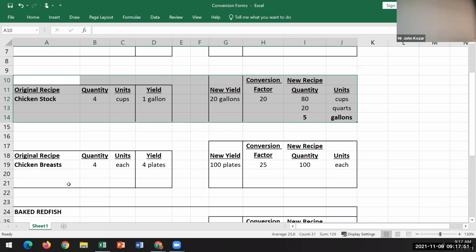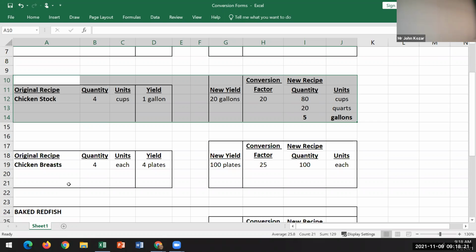All right, so if we want to make 20 gallons as our new yield, take the new yield divided by the old yield, that conversion factor is 20. So then we'll take the individual ingredient of 4 cups of chicken stock, multiply by 20, and now we need 80 cups of chicken stock. Everybody follow that?